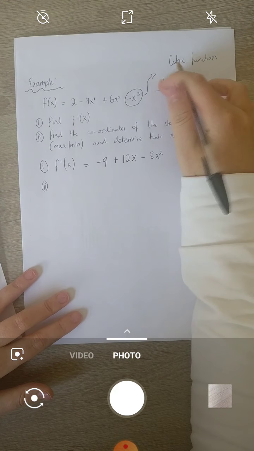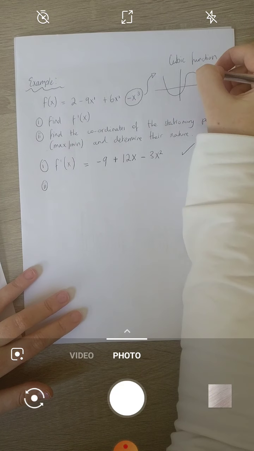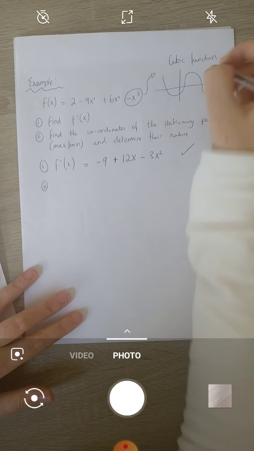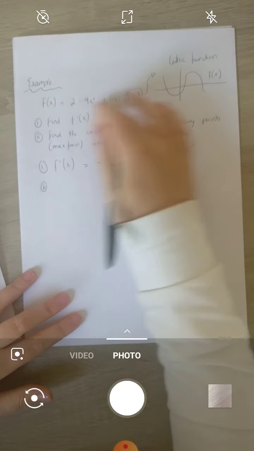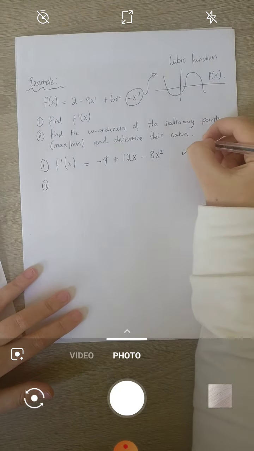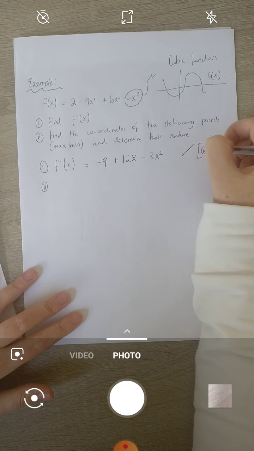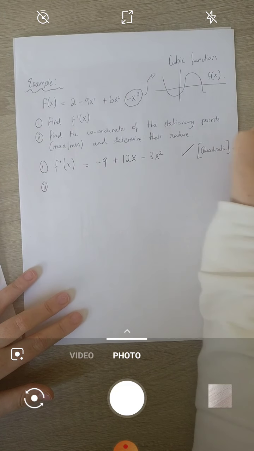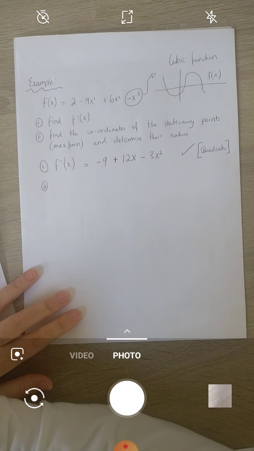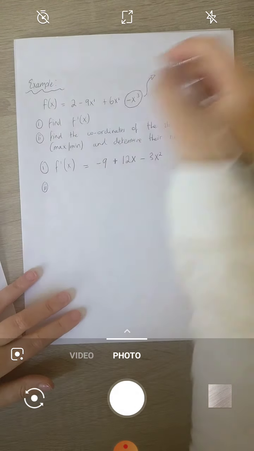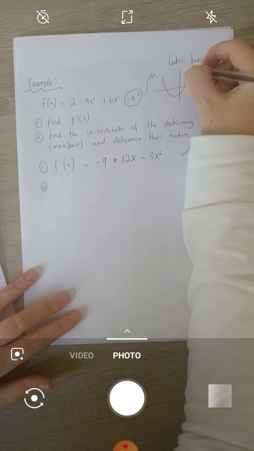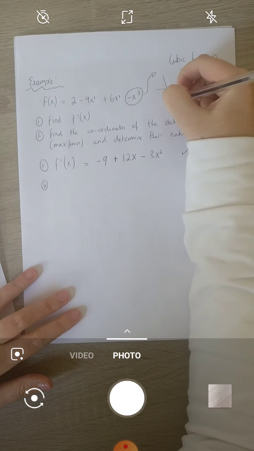So this is what our original function looks like. This is f of x. When we differentiate a cubic function, we end up with a quadratic function. We're going to be using this now to find the maximum and the minimum point.